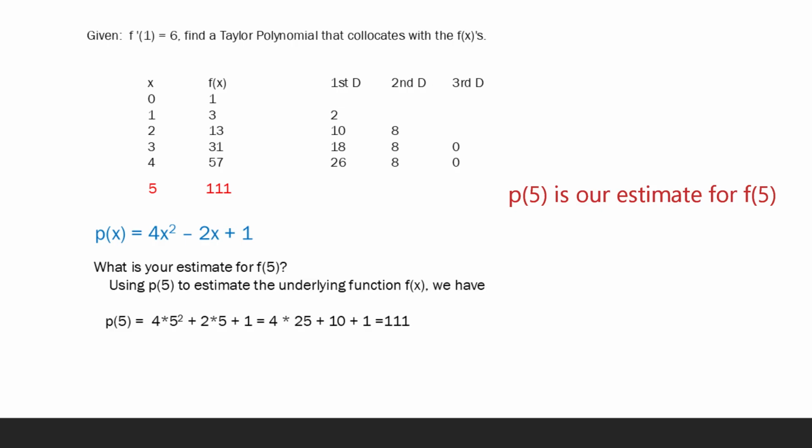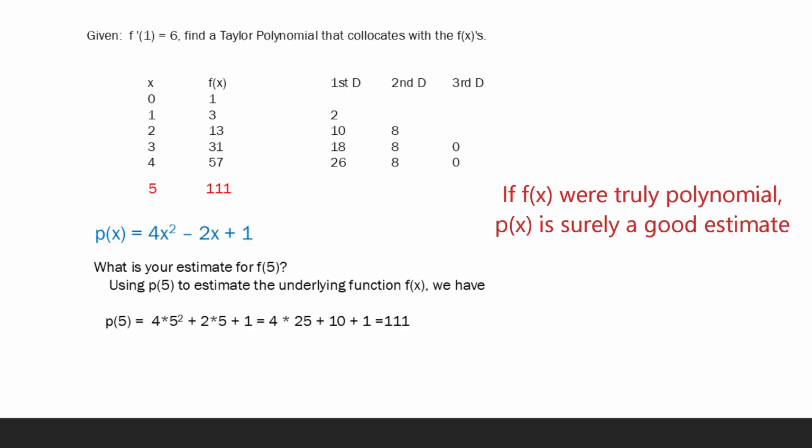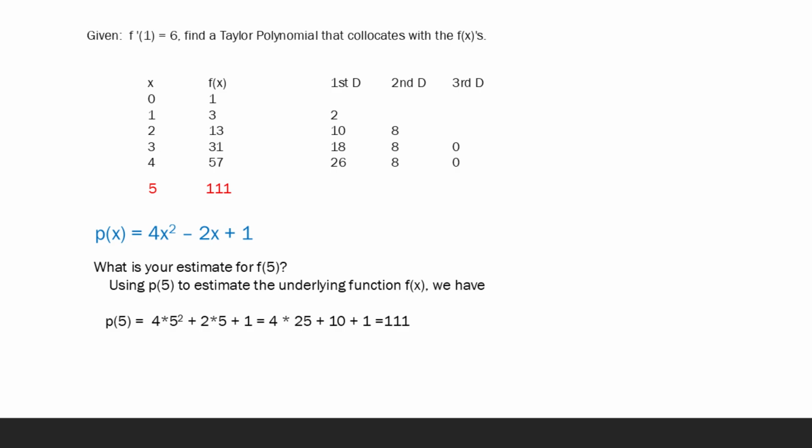We really don't know if this underlying function is a polynomial. We just assume that it is a polynomial. And if it were truly polynomial, we can say that the Taylor polynomial can do a very good job given just some information about collocation and shared higher derivatives concentrated at particular points, here at x equals 1. So here we see the power of the Taylor polynomial.